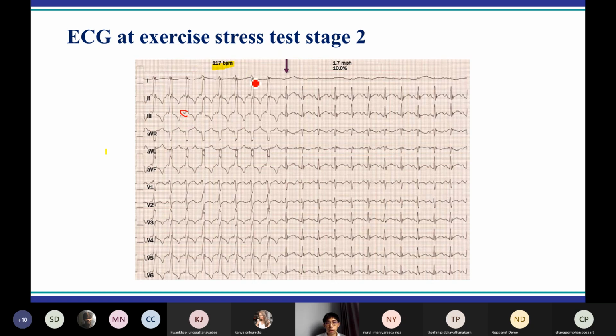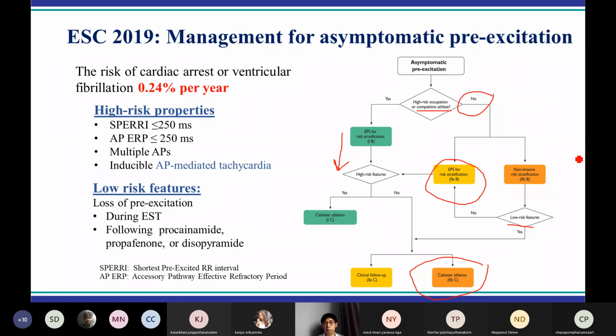After the heart rate increased during the exercise, the QRS became narrower, the delta wave has gone, and the PR interval was longer. This means that during the exercise, the pre-excitation has disappeared. So this one you can stratify into a low-risk group after we have done a non-invasive test. Yes, you can say these are low-risk features.